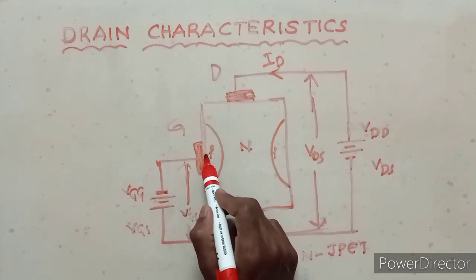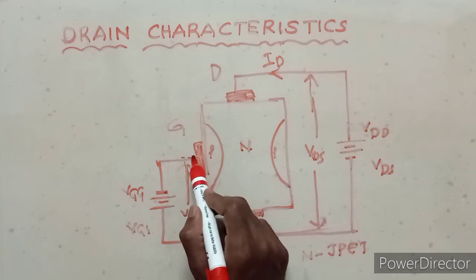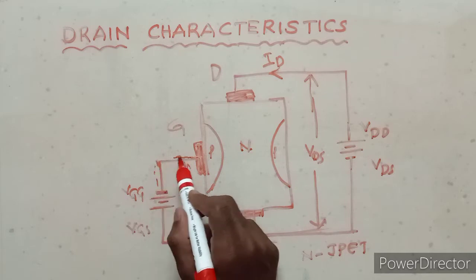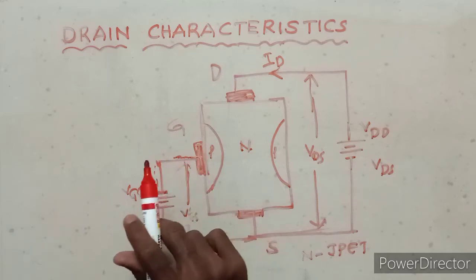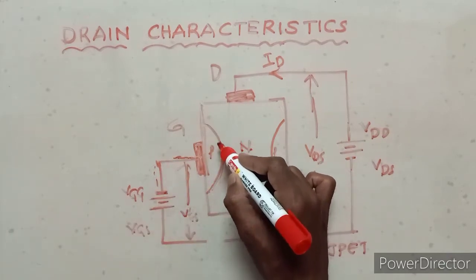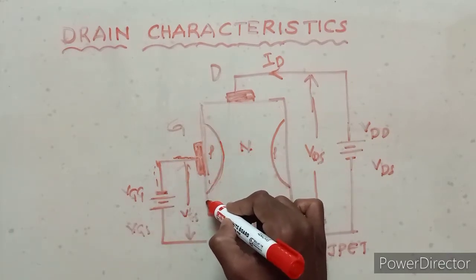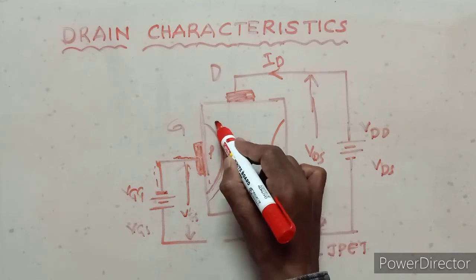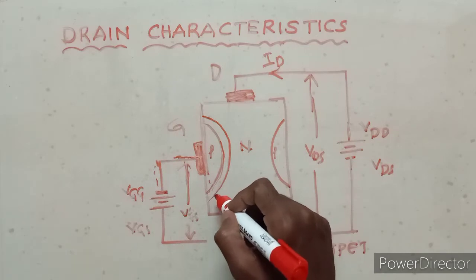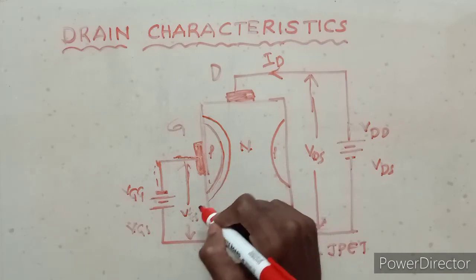So these positives come towards this side, and these electrons come towards it. So the positive and the negative are neutralized. So here the depletion layer enlarges.